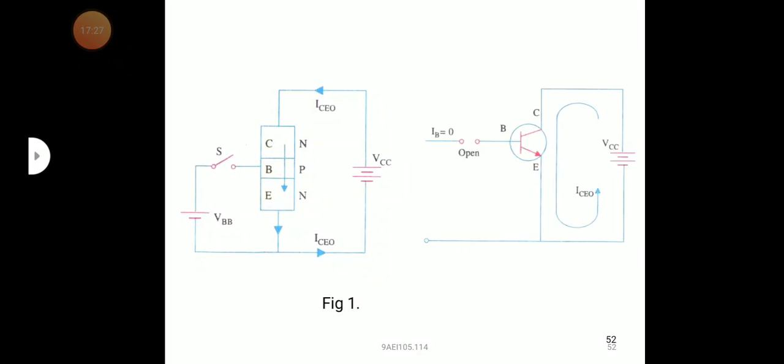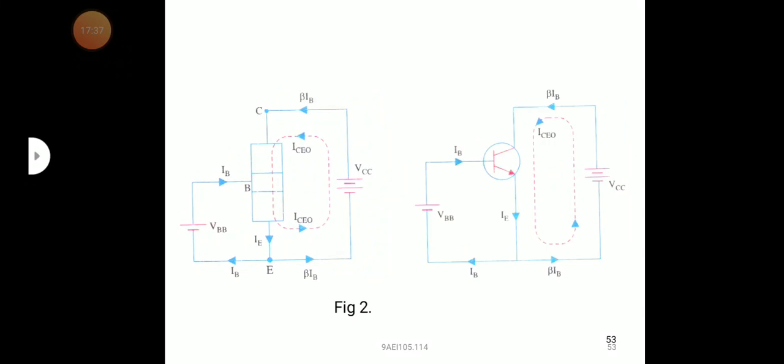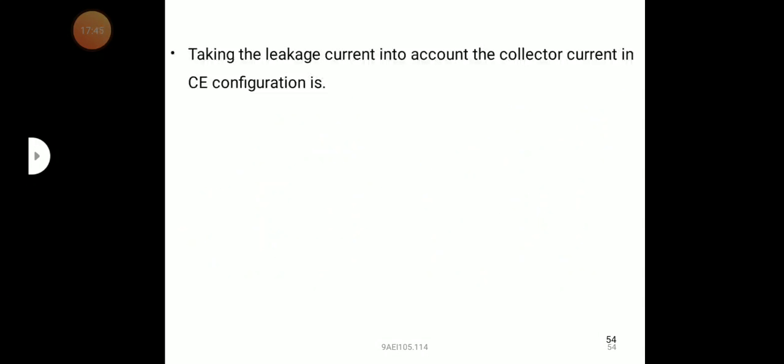Emitter junction is open and collector junction is reverse biased, that is nothing but the reverse saturation current in the common emitter configuration, ICEO. You can see how it is flowing through the device and the emitter terminal; that is ICEO.